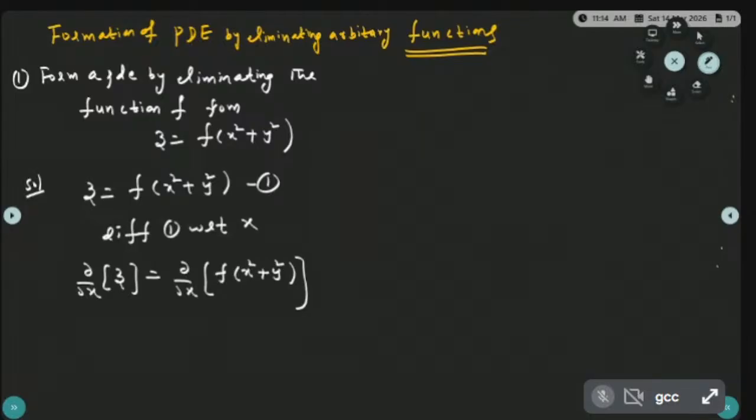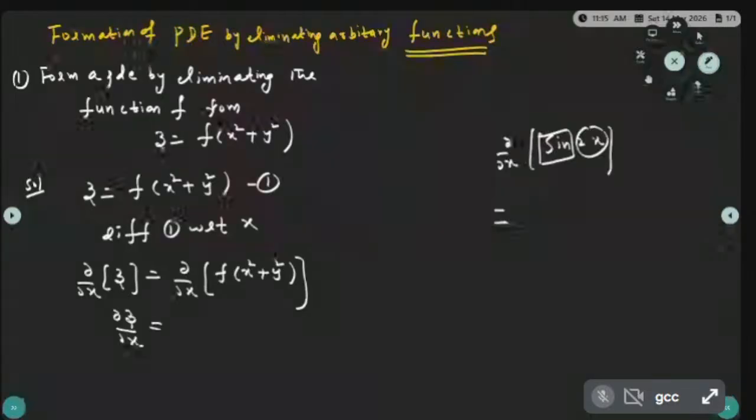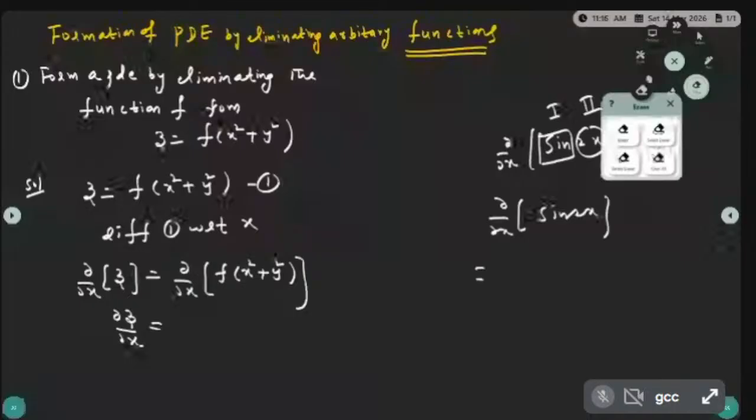Okay, now see here. Same problem. First priority goes to, second priority goes to. What is the differentiation of sin 2x? Differentiation of sin is cos.